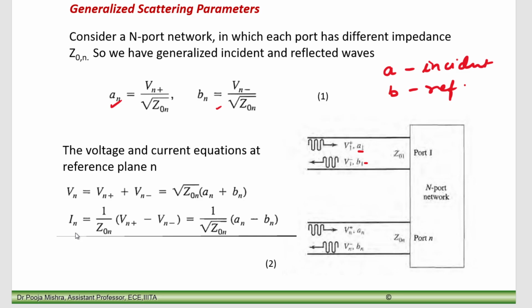Similarly, we can define the equation for current, as you have seen in transmission line, that the current equation is (Vn plus minus Vn minus) divided by Zon. So we'll put the value of Vn plus and Vn minus. It will come out as (An minus Bn) divided by under root Zon. So we have determined this Vn and In for the n port network.